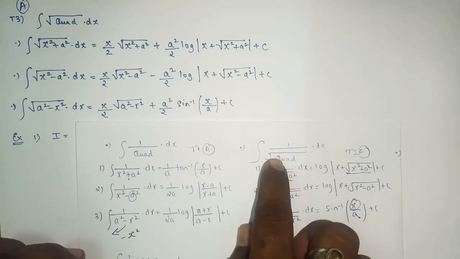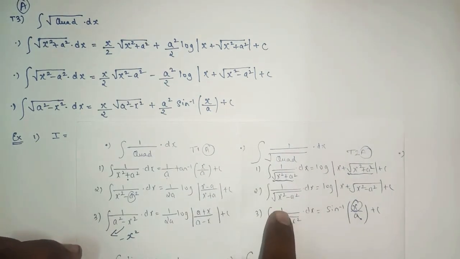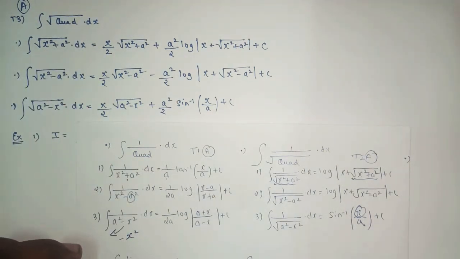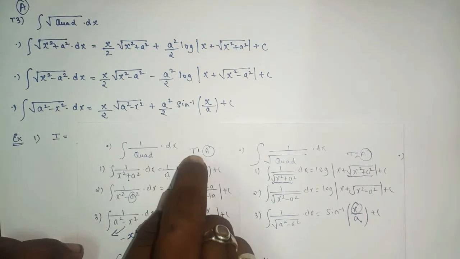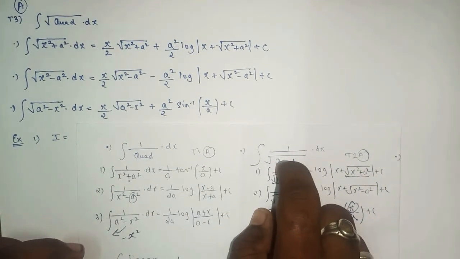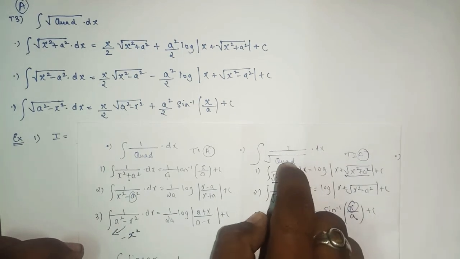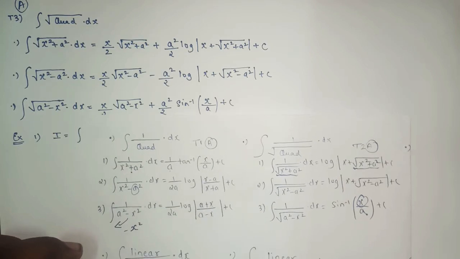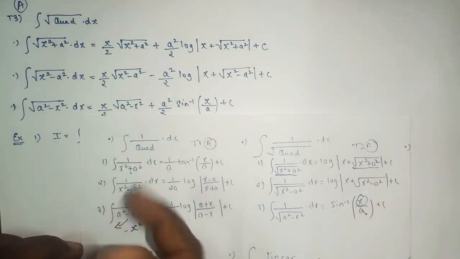For integral 1 upon root quadratic, again there are three formulas, and even for integral root quadratic there are three formulas. I also told how to remember type number 1a, 2a and 3a. It is very simple. Type number 1a is 1 upon quadratic, type number 2a is 1 upon root quadratic, and type number 3a is only root quadratic. And even the formulas are similar.